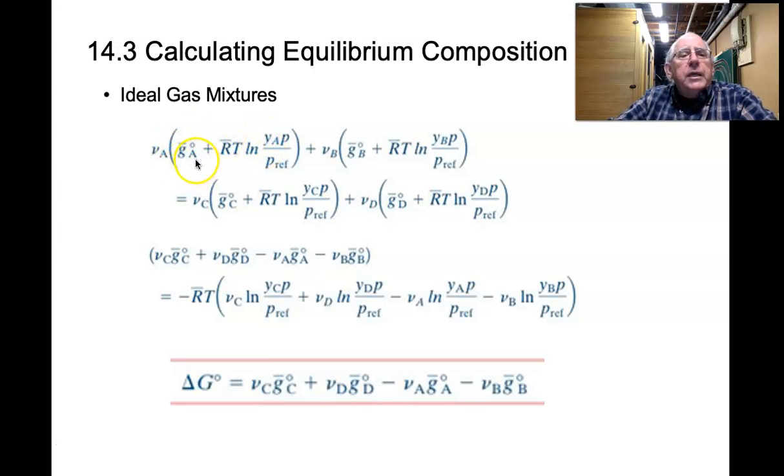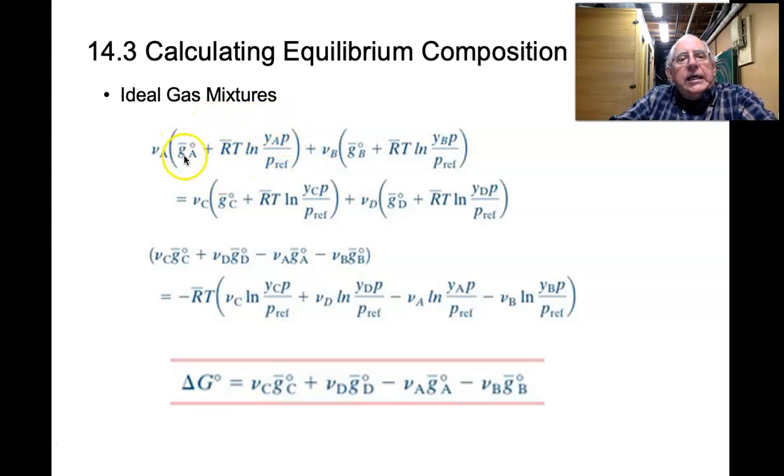The first part being the Gibbs function at a reference pressure, and the second part which corresponds to the partial pressure of that particular component in the mixture, and with the RT in it.